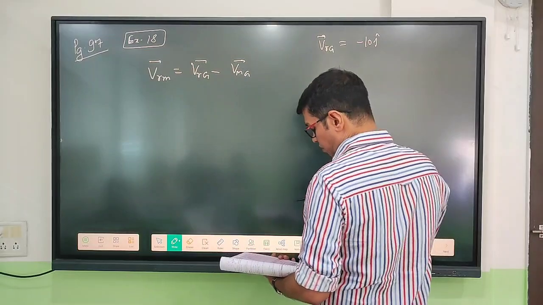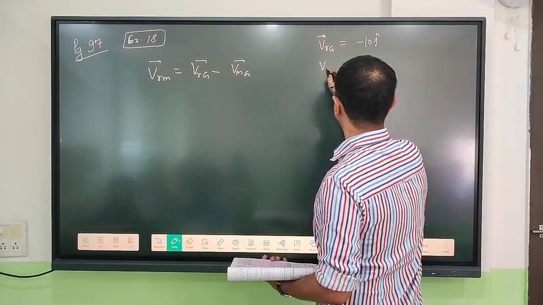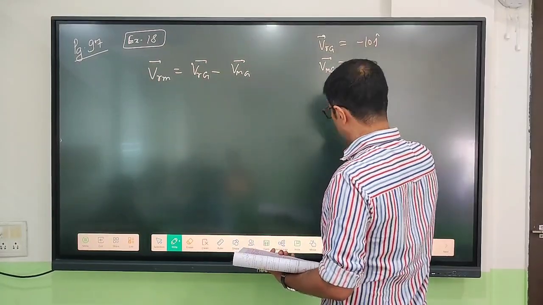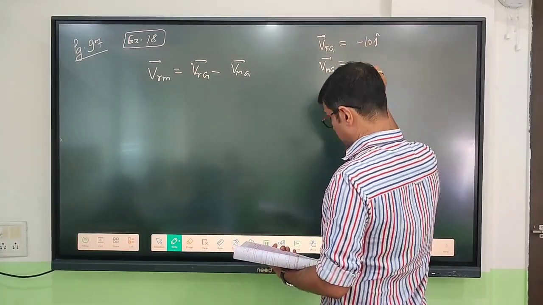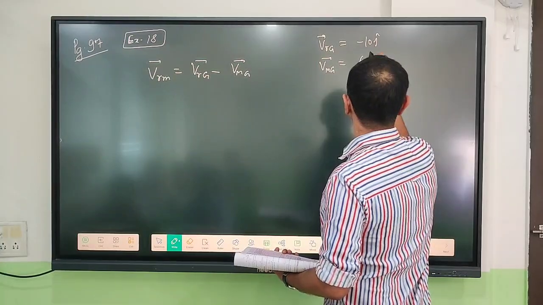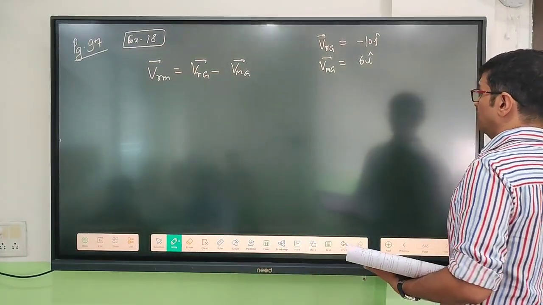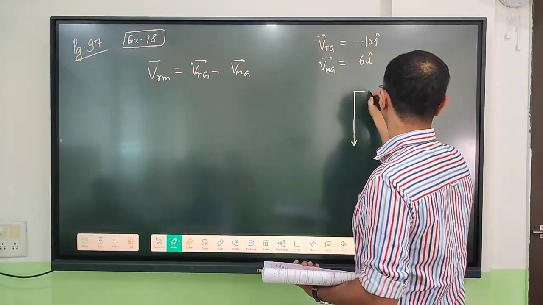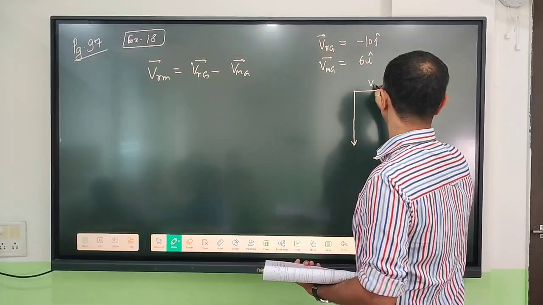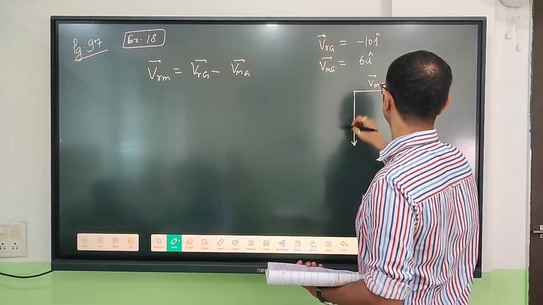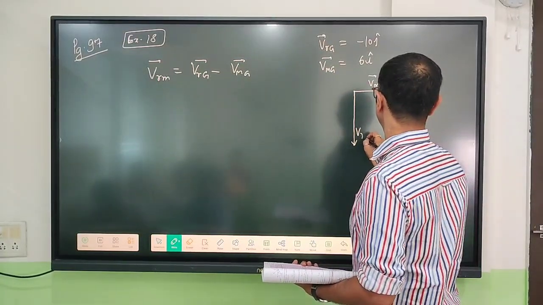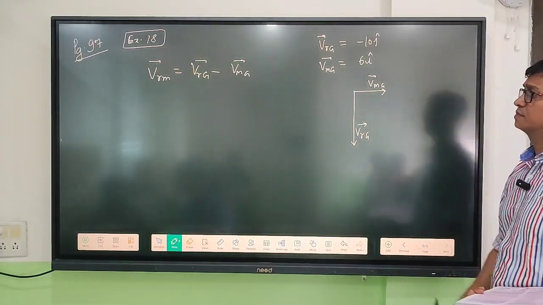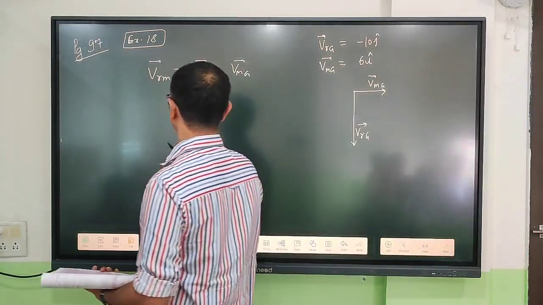Man is moving with respect to ground 6 meter per second, V man ground, plus 6 I cap. So this is the condition of rain. This is V man ground and this is V rain. We are supposed to figure out this thing, V rain man.